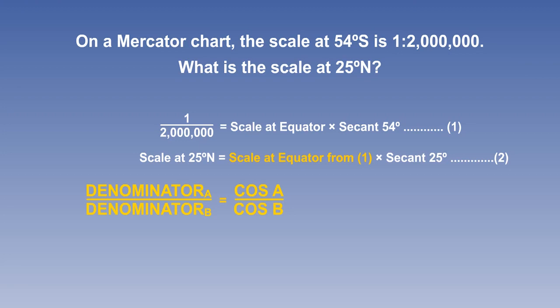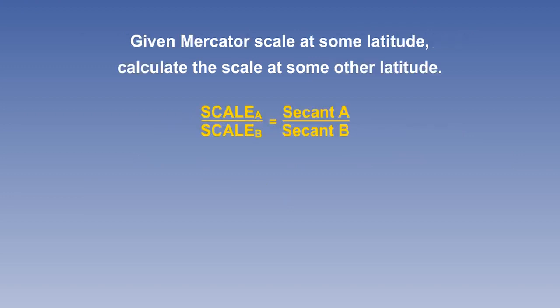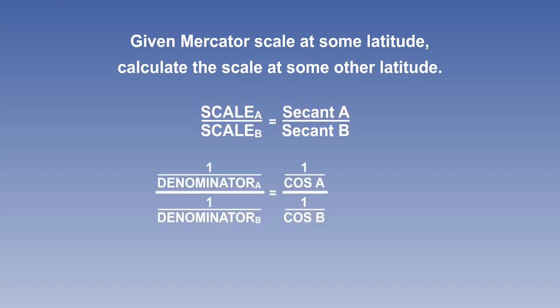Denominator at latitude A divided by denominator at latitude B equals cosine A over cosine B. The basic relationship is that scale at latitude A over scale at latitude B equals secant A over secant B. However, scale, or representative fraction, is 1 over denominator, and secant is 1 over cos.